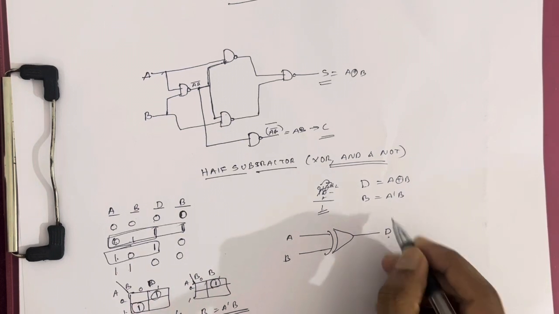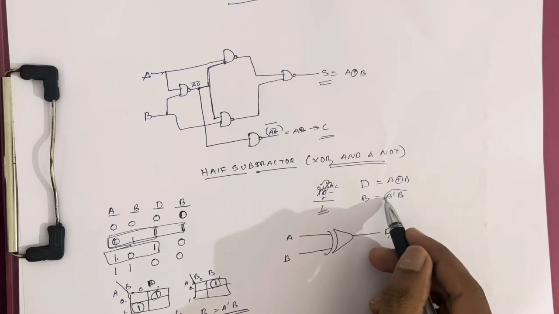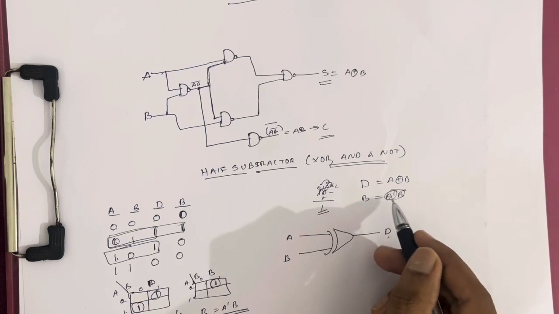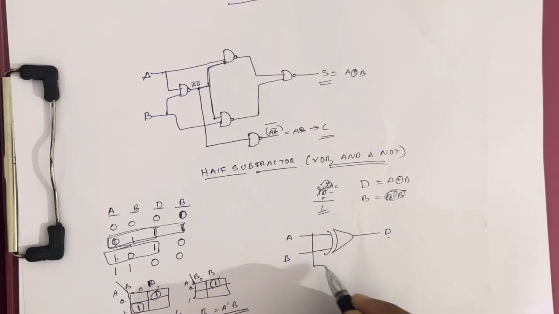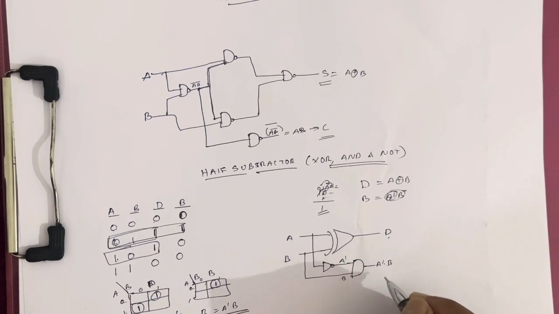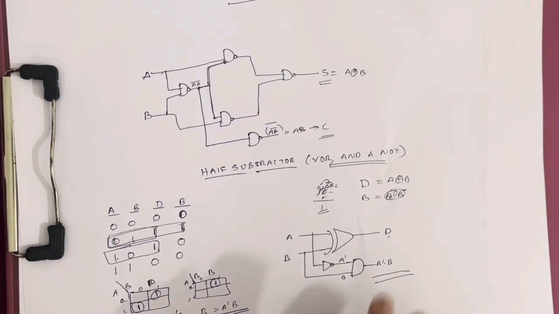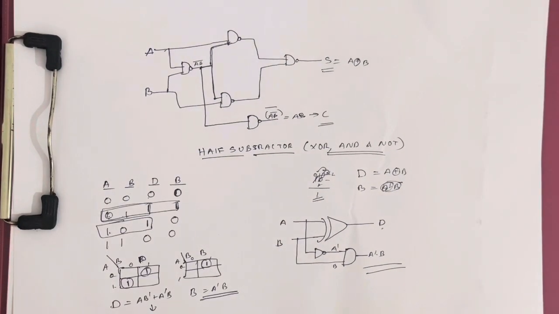And for A complement B, for the complement of A we need to use a NOT gate. Now the A becomes A complement, and we take the B from here and multiply using a gate, and we get A complement B. Simple. This is how we construct the half subtractor using XOR and NOT gates.